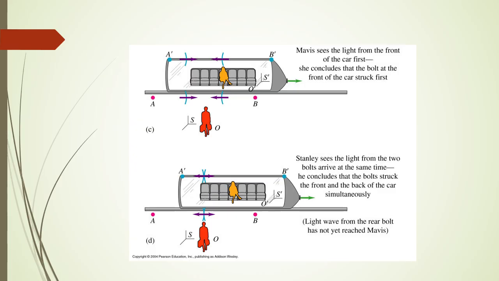However, from her point of view, it is not because the train is moving towards the light that results in her seeing event B happen first, and therefore she can work out backwards that it was at the same time, but rather her time coordinate for the lightning strike at B is at an earlier time than the lightning strike at A. So to her perspective, the light traveled towards her earlier, so B must have happened earlier. However, from Stanley's point of view, the light from the two bolts arrive at the same time, so the bolts strike the front and back of the car simultaneously.